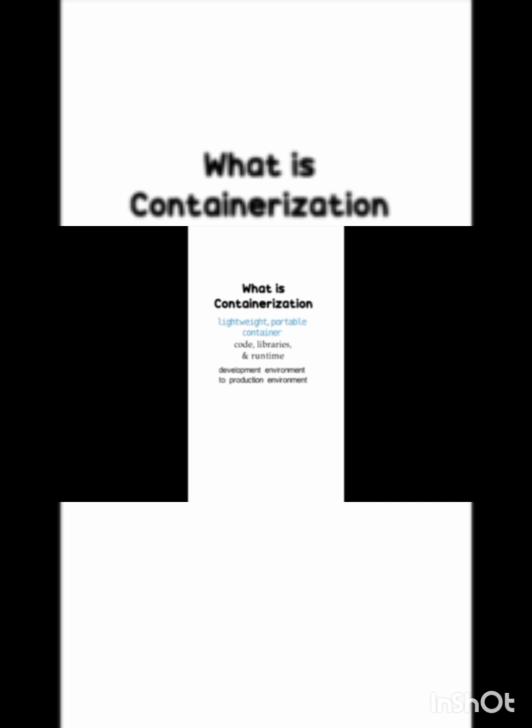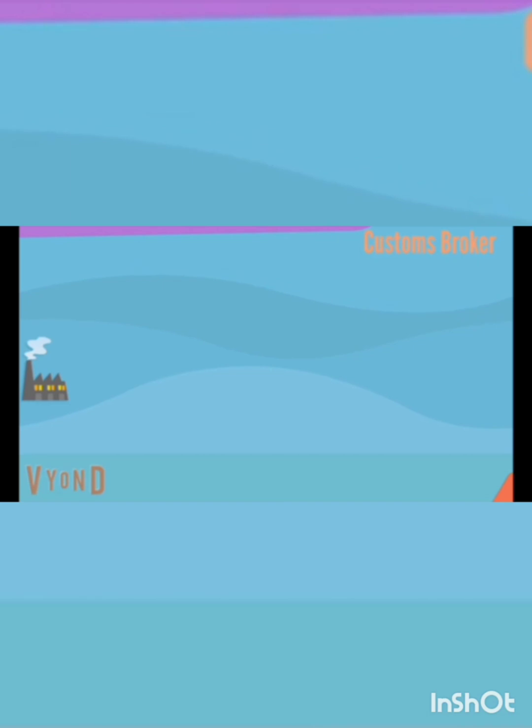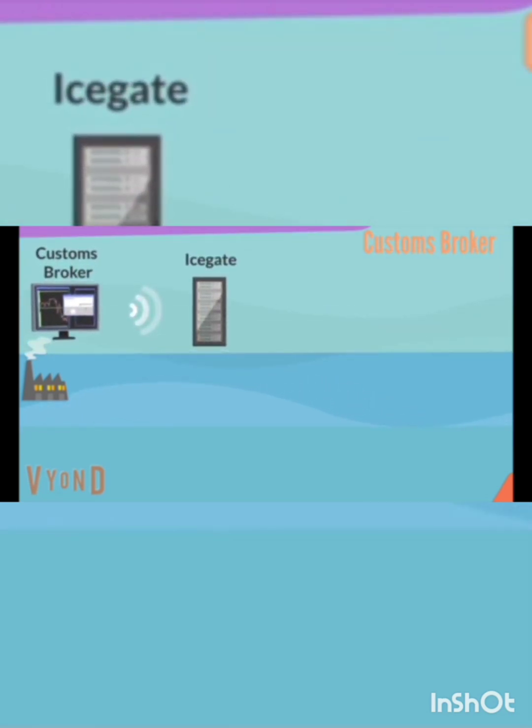The containers allow applications to be easily moved between different environments, such as from a development environment to a production environment, without needing to worry about compatibility issues or missing dependencies. They provide a consistent isolated environment for the application to run in, making it easier to manage and deploy. Containerization is typically carried out on platforms like Docker.